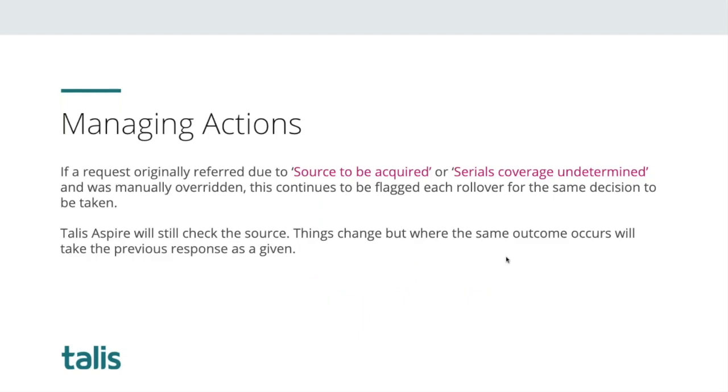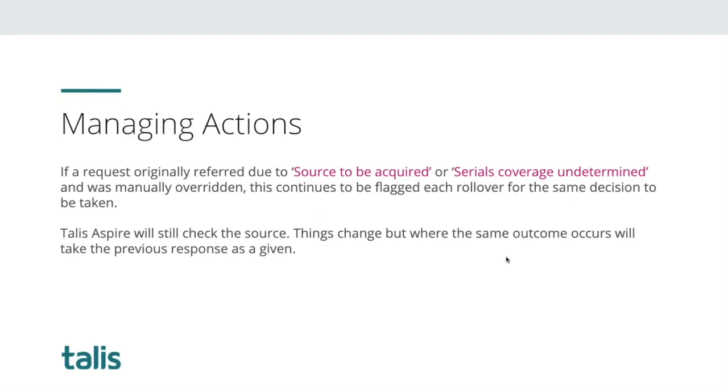If any originally referred requests were referred due to a source needing to be acquired, or if the serials coverage was undetermined at that point in time, and it can still no longer be determined, and was manually overridden, every time you roll over, it will do those same flags.